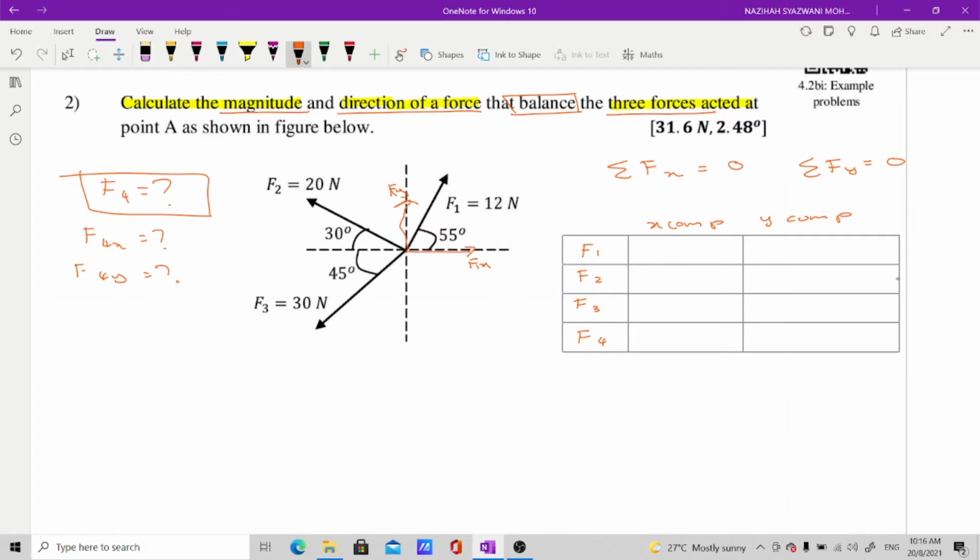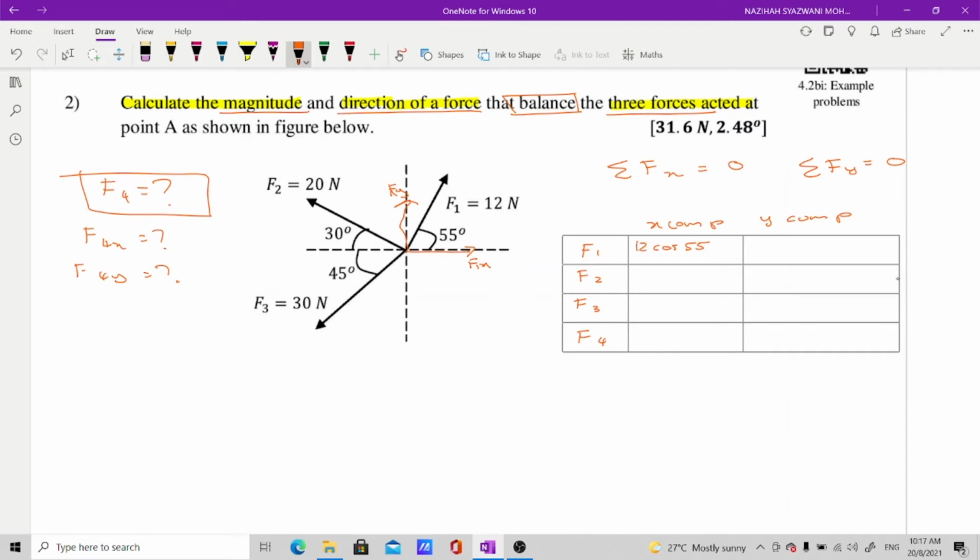For F1x, it is to the right, so that would be positive. It would be F1 cos 55, and F1 is 12 Newton, so I'm going to substitute straight away: 12 cos 55.